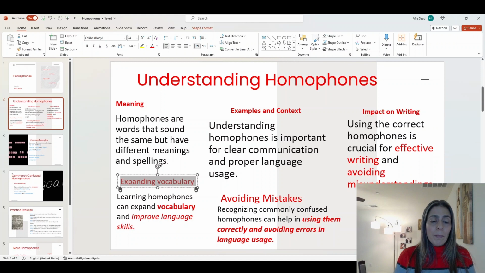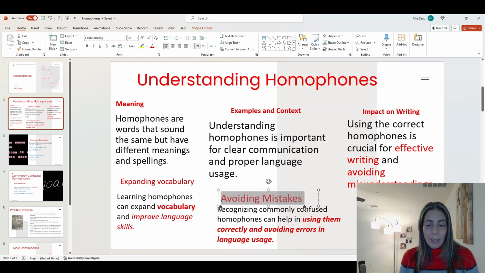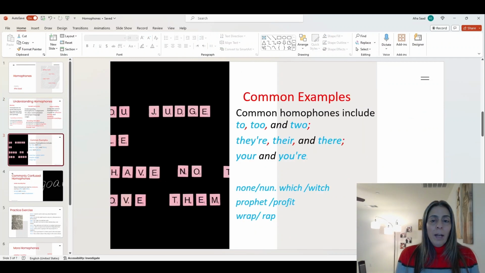Okay, so this improves our language skills, especially again in writing, guys. And when we master homophones, when we are good at homophones, we are avoiding mistakes. And again, if we write clearly without any mistakes, then we are putting a correct piece of writing in front of everyone.